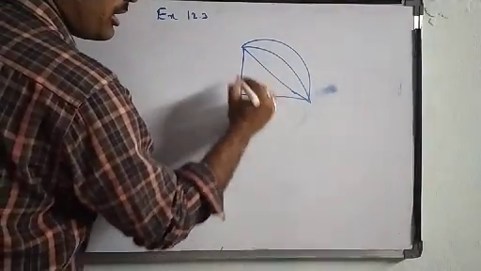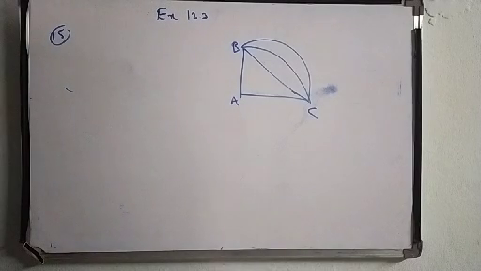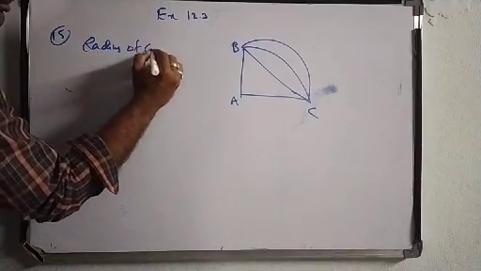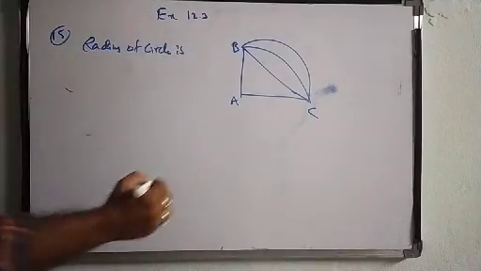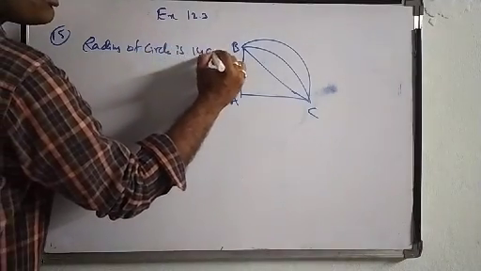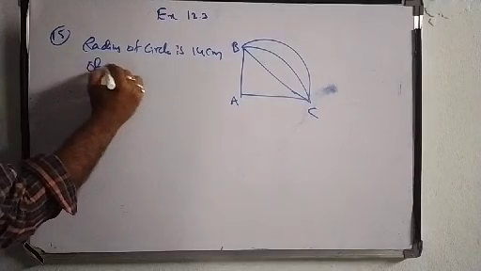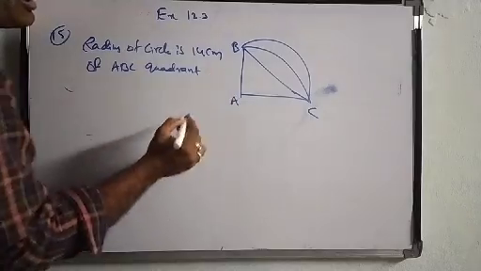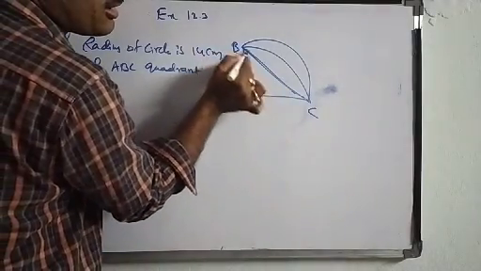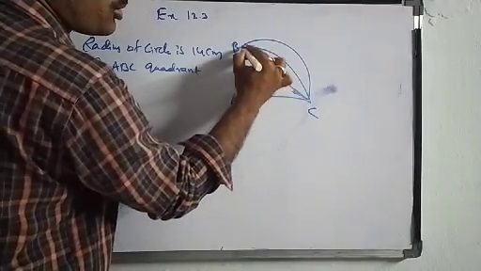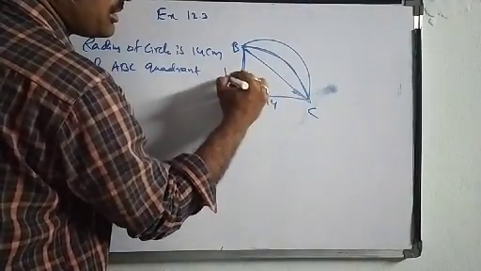So A, B, C. So given things in the question are radius of circle of ABC quadrant. So it is not this, radius is 14. He is saying that ABC quadrant, this quadrant radius is 14. It means that here it is 14, here it is 14.